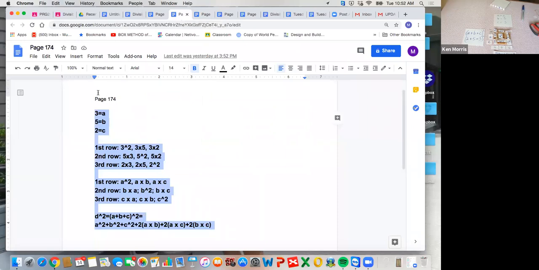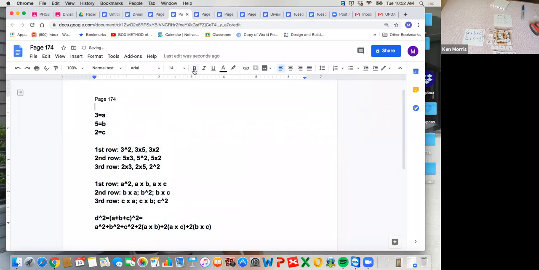We are squaring a trinomial with letters. We're letting A equal to 3. Oh, I'm sorry, these are a little different.